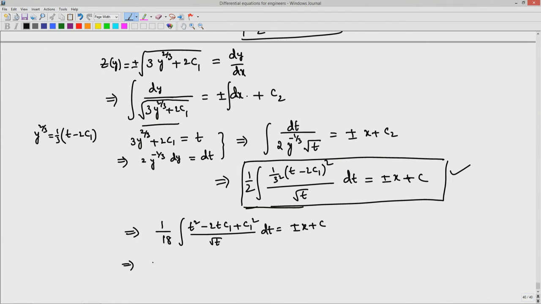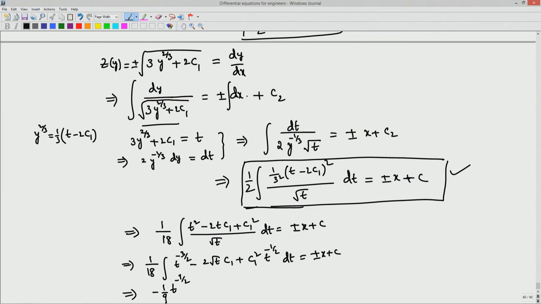So, this will give me 1 by 18 integral of t power 3 by 2 minus 2 root t into C1 plus C1 square t power minus half dt equal to plus or minus x plus c. So, finally, you get t power 3 by 2 plus 1, 5 by 2, and minus half plus 1 is half.